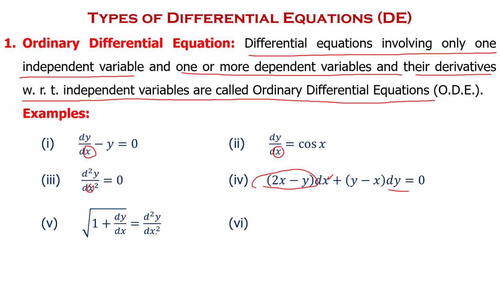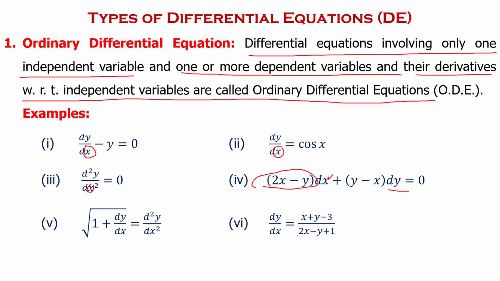Similarly, root over 1 plus dy/dx is equal to d2y/dx square is also an example of an ordinary differential equation. Similarly, dy/dx is equal to (x plus y minus 3) upon (2x minus y plus 1) is also a differential equation.